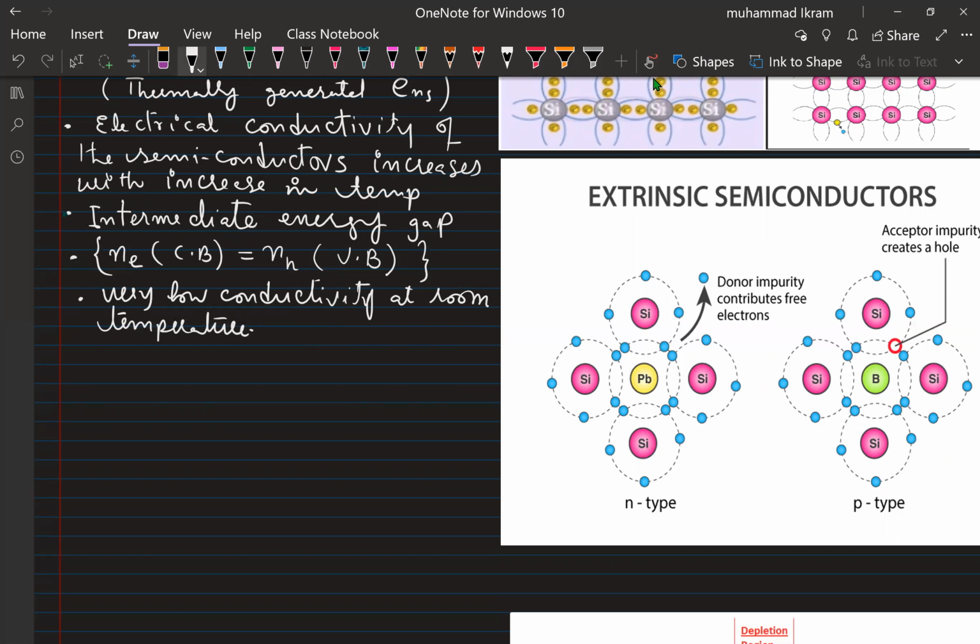So that is all about the intrinsic semiconductor.